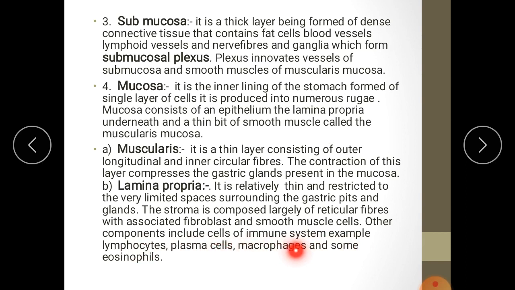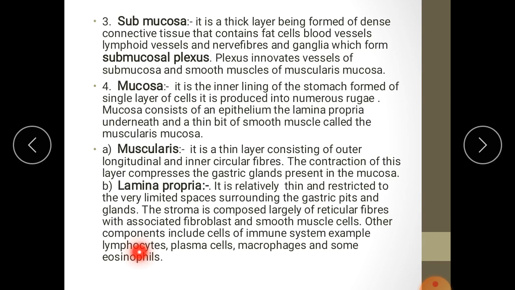So if any pathological microorganisms come along with the food, they are killed with the help of these cells. Lymphocytes, plasma cells. Plasma cells produce antibodies. There are two types of lymphocytes, B lymphocytes and T lymphocytes.